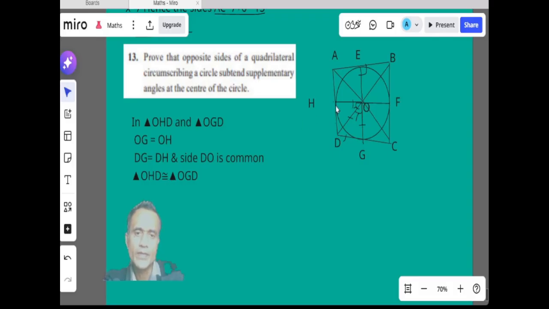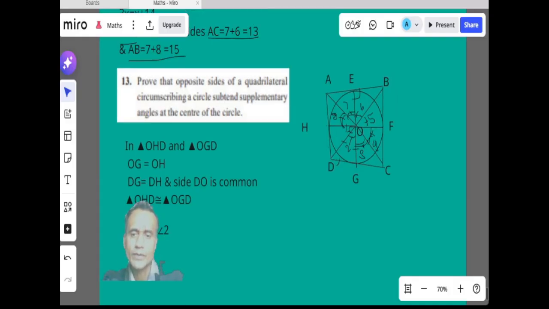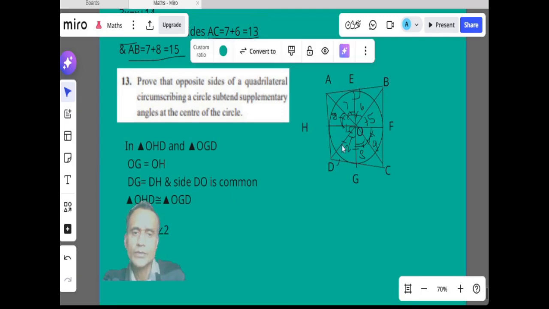That means angle HOD is equal to angle GOD. We name these angles 1 and 2, so angle 1 is equal to angle 2.